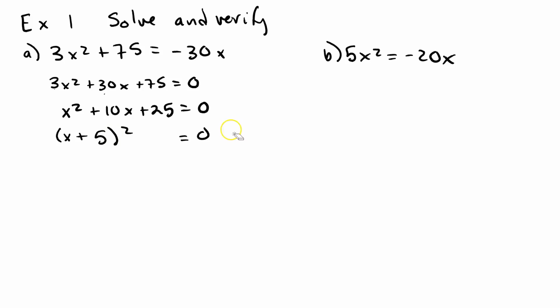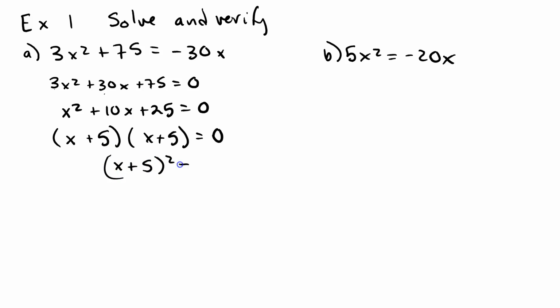Now if you want to see that slowed down just a little bit, I'm going to do that. So two numbers that multiply out to 25 and add up to 10, it's going to be x plus 5 and x plus 5. Since the coefficient is 1, we can just factor like this, which means that it's x plus 5 squared equals 0.